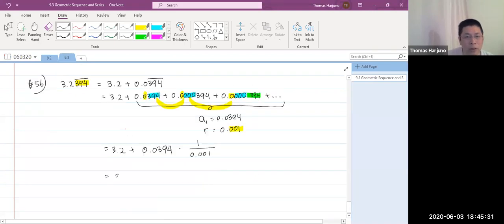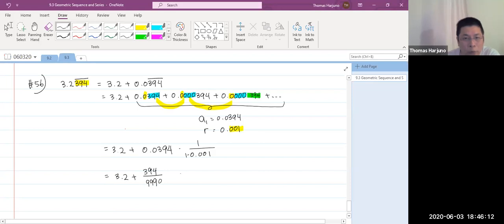Okay, fast forward, this is 3.2 plus 394 over, I'm sorry, it should be 1 minus here. So it should be 999, and then a 4 at the end, like this instead.